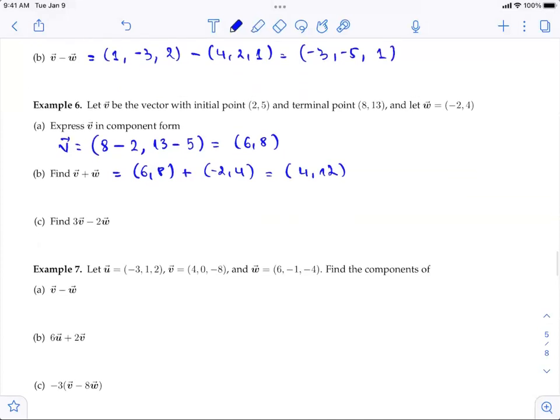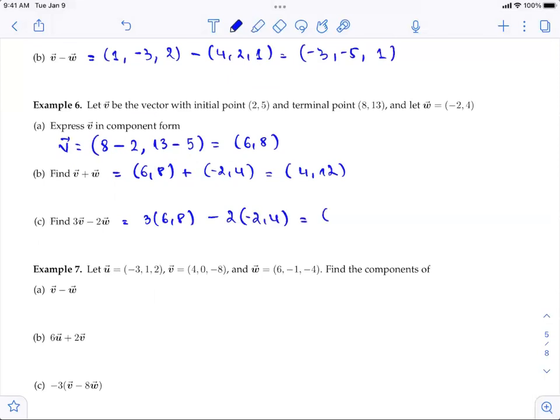The next question is we have some scalar multiplications of the vectors, and then you do the difference between the two vectors. So 3 times v, 3 times 6, 8, minus 2 times -2, 4.